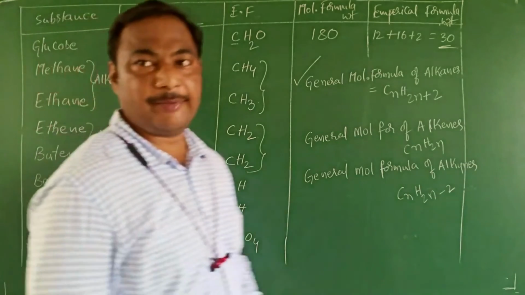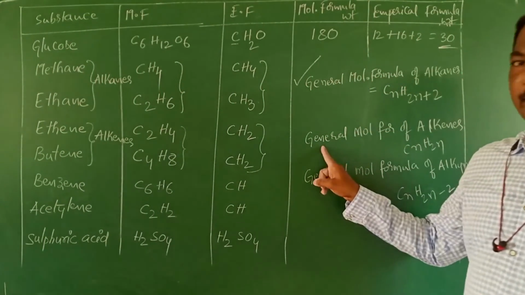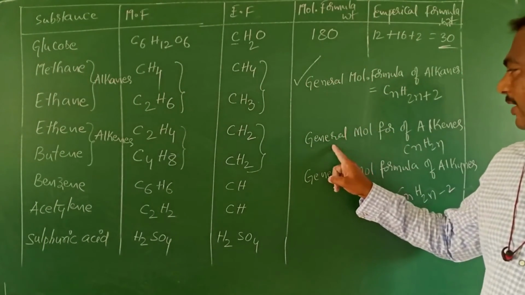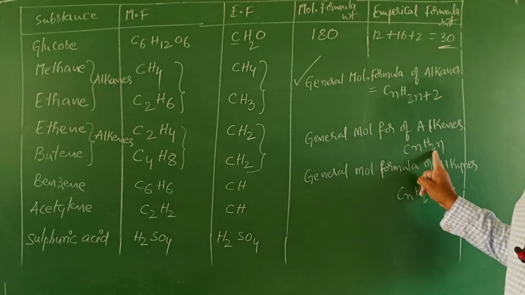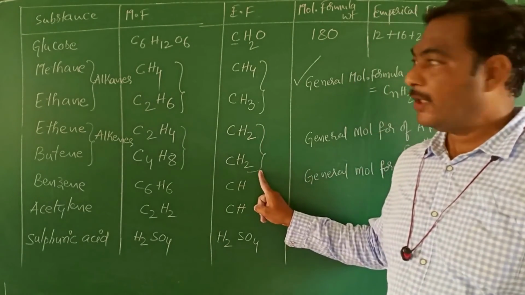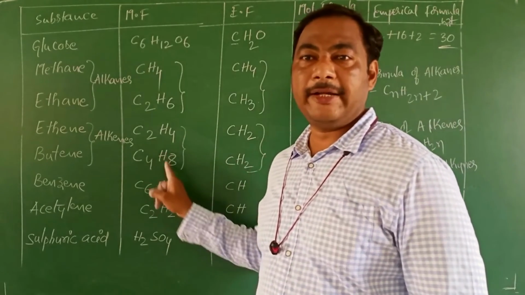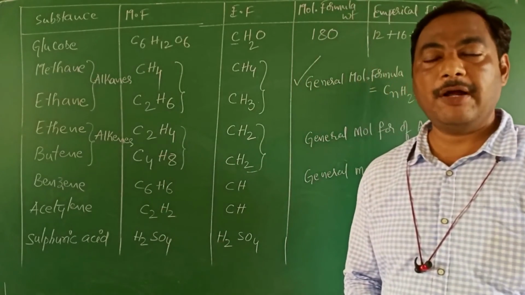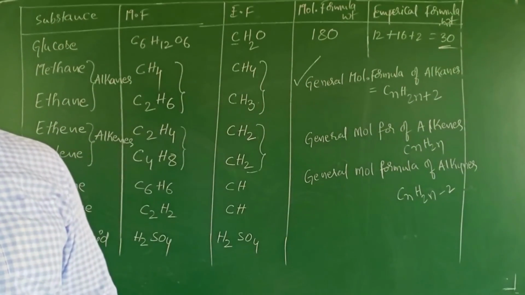Once again, I repeat the statement. All alkenes will have the same general molecular formula, that is CnH2n, and same empirical formula also, but they differ in molecular formula. Right, students? Please make a note of these two statements.